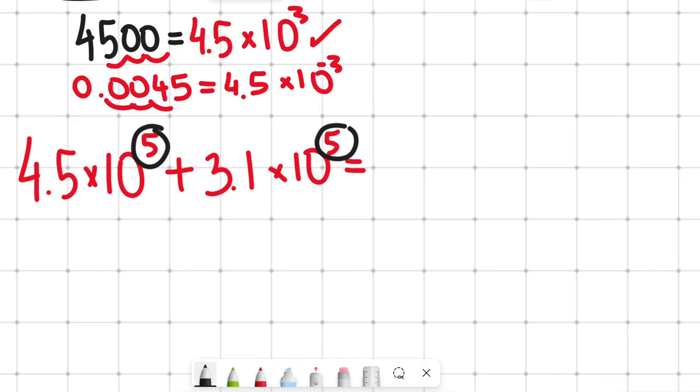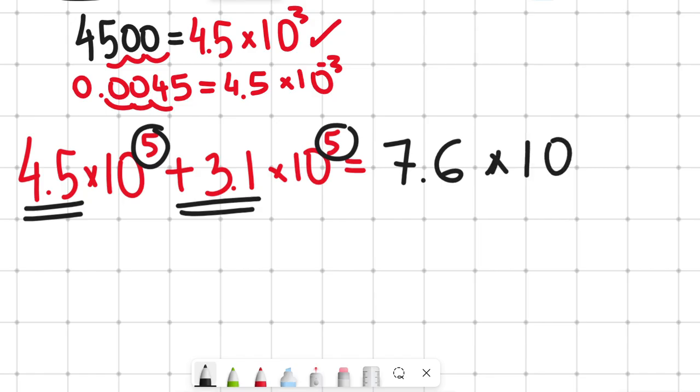So the only thing we need to do here is 4.5 plus 3.1, which is equal to 7.6, and then we copy the exponent. So 10 to the power of 5 remains the same. That is why we have this as our answer.